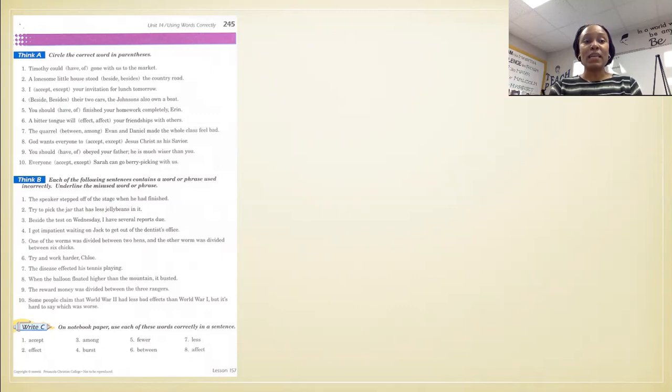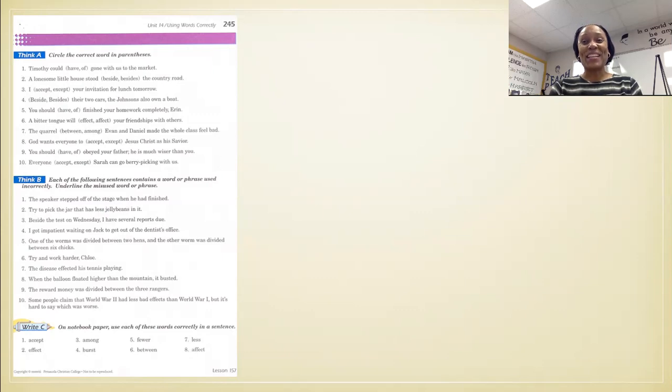Looking at think B, it says each of the following sentences contains a word or phrase used incorrectly. You are to underline the misused word or phrase. Let's look at number 1 together. It says the speaker stepped off of the stage when he had finished.